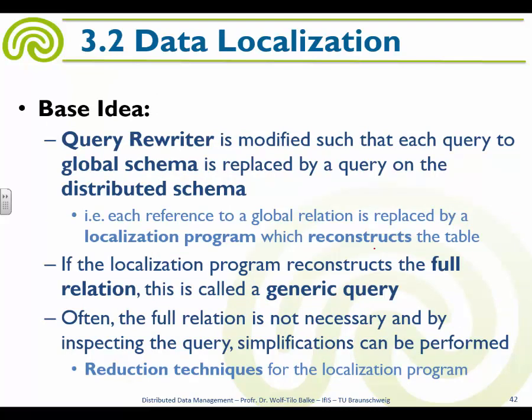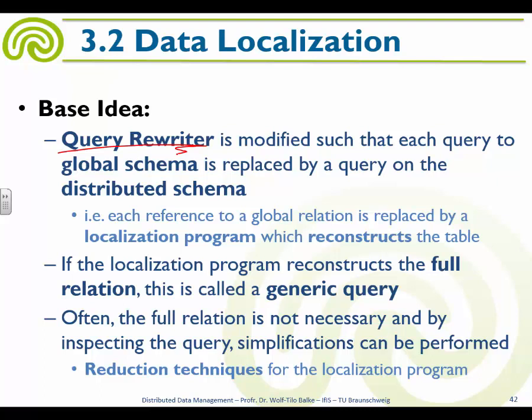Then the base idea is that we have the query rewriter as a central component in such a way that each query saying, I want all the creatures or I want all the fights, is immediately rewritten to I want creatures 1 from node 1 and creatures 2 from node 2 and fights 1, 2 from node 3 and fight 4 from node 4, right?